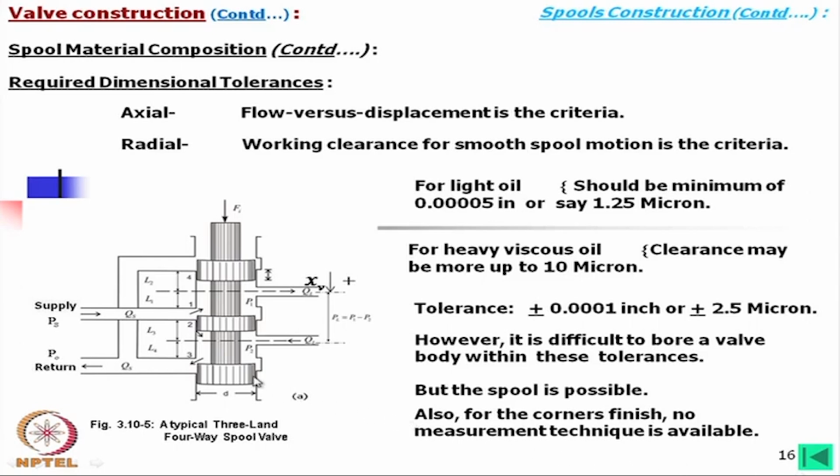So, material and heat treatment, etc. are selected in such a way that after such machining, the corners, whatever may be their finish, should not break easily. On the other hand, we cannot chamfer, say land corner, we machine it, but this is rounded, given a small rounding off, that can be controlled for spool manufacturing.